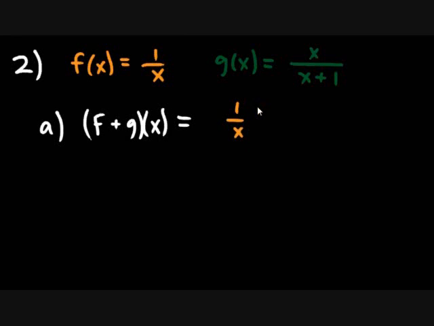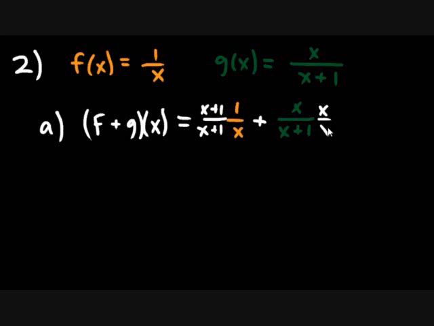So for part A, f plus g of x, well, that's just equal to 1 over x plus x divided by the quantity x plus 1. In order to add these two fractions, we need to have the same denominator. So we're going to multiply the left by x plus 1 over x plus 1, and then the right by x over x.